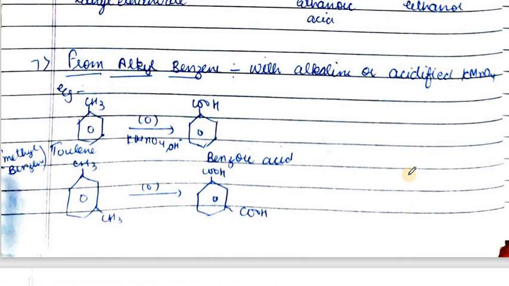Alkyl benzene upon alkaline or acidified KMnO4 oxidation gives a COOH group, that is the alkyl group gets converted into a COOH group, whether it is methyl, ethyl, or any alkyl group. So CH3 gives COOH. Similarly, if there are 2 CH3 groups attached to a benzene ring, both are oxidized to COOH groups.